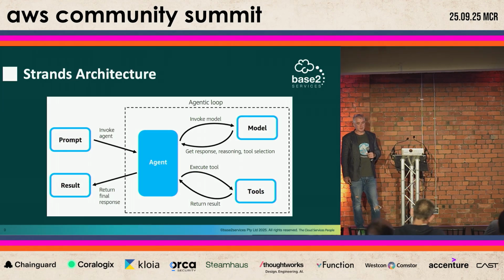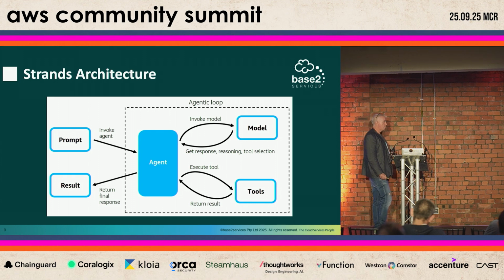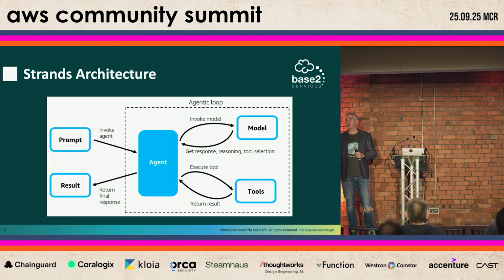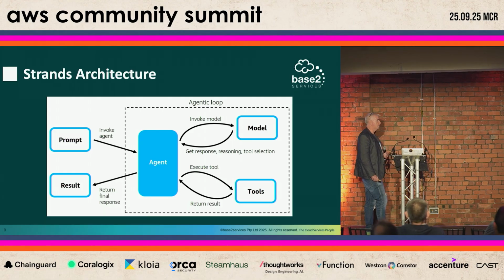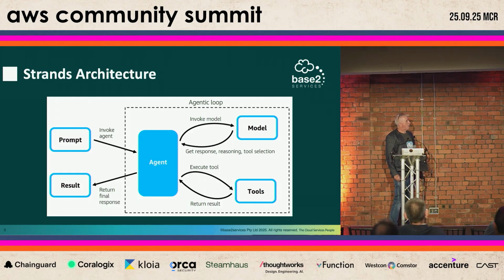It'll get back a response that provides some additional information, and potentially I've asked a question where it wasn't trained about AWS communities, so it has to try to find out what an AWS community is and derive the good things about that. So it might return a list of tools to go and do that.